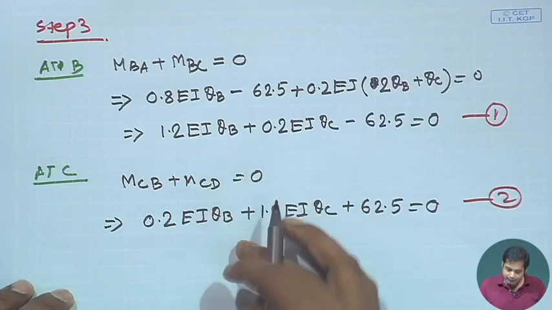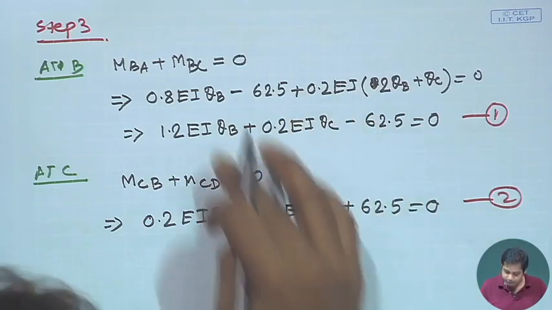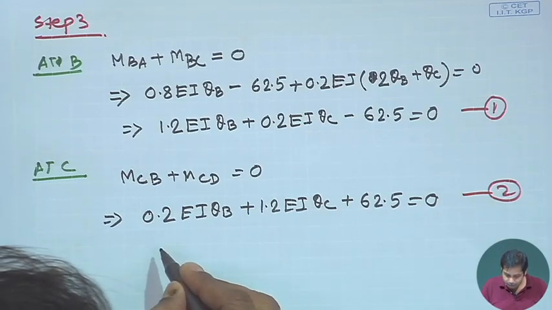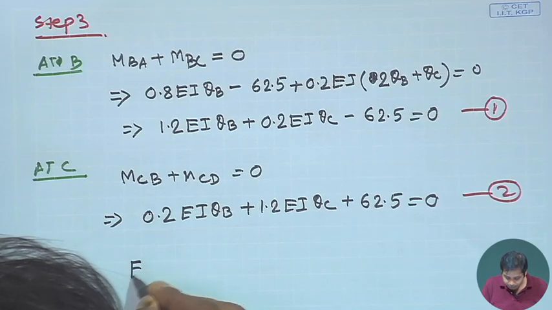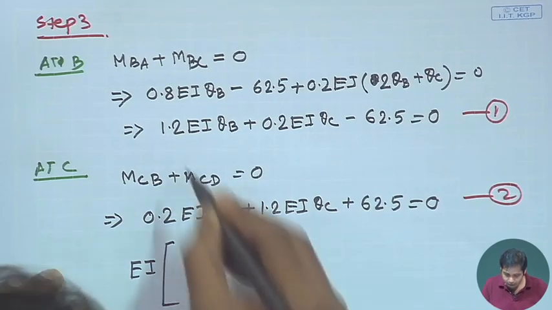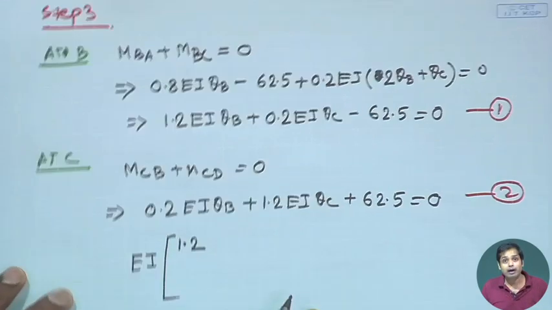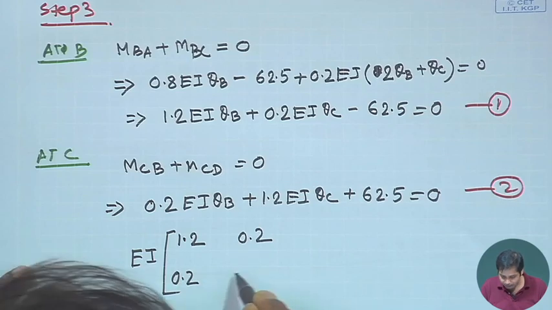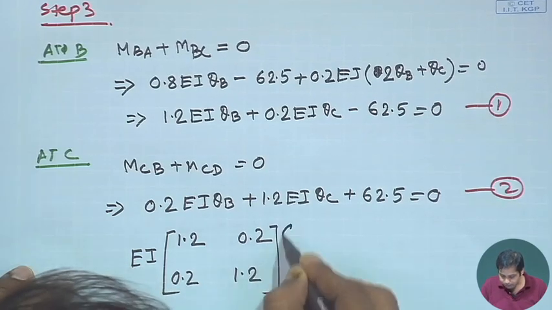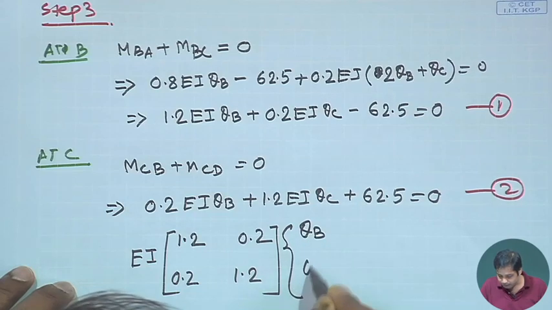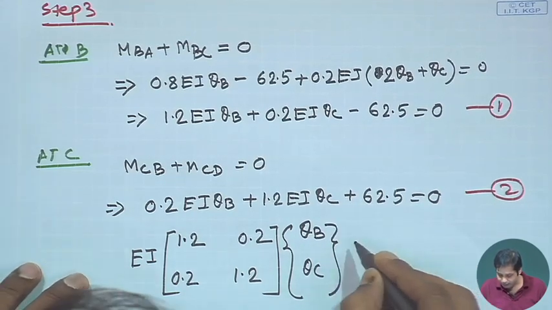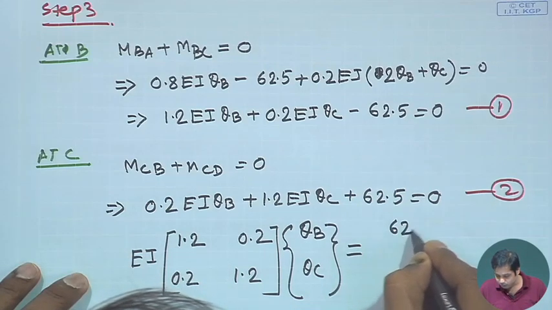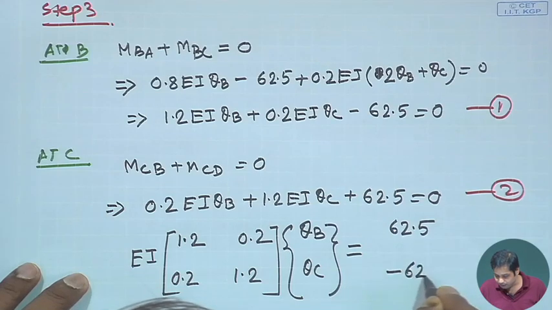Okay. Now, if we write this equation in a matrix form, then what we have? If we take EI common, this becomes 1.2, 0.2, 0.2 and then 1.2, times theta B, theta C, is equal to 62.5, minus 62.5.